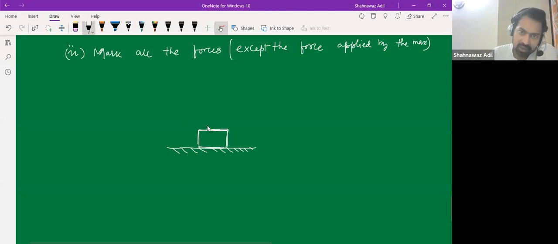First, this ground is putting some force on this block, which is the normal reaction. And this block is also experiencing gravity. Let's say its mass is m. But this block is also applying some force on this surface, in this direction. And what is this?